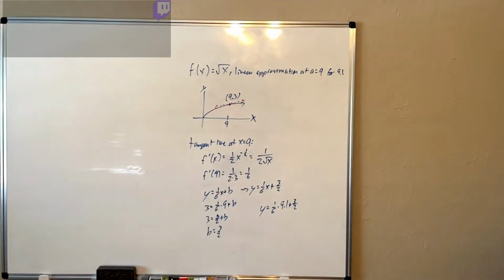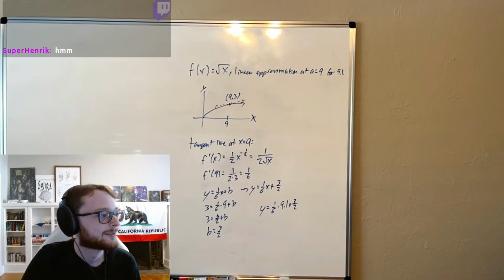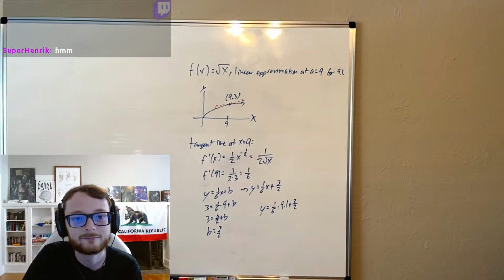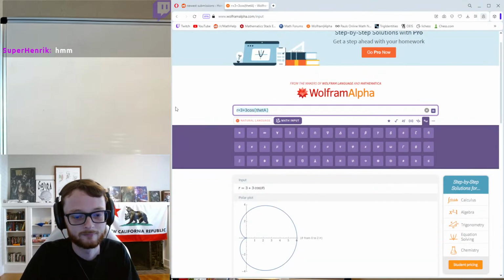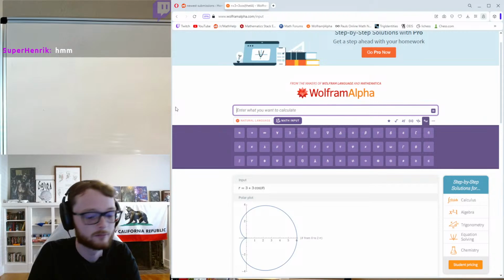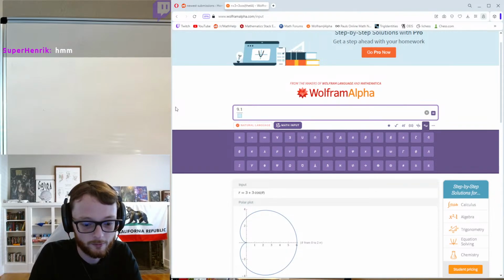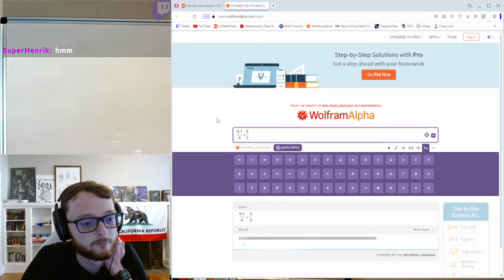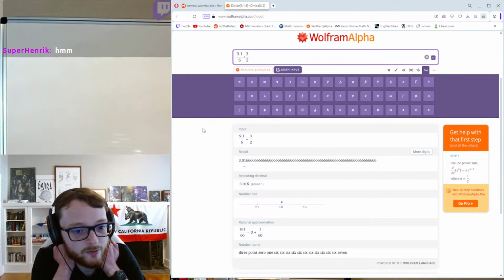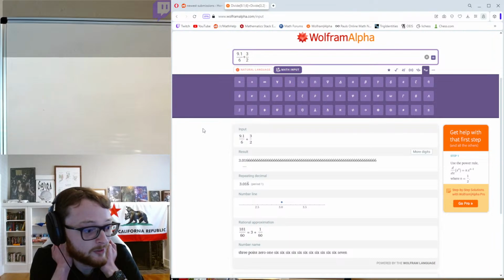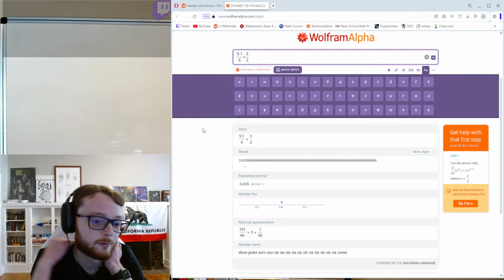So let's do that. 9.1 divided by 6 plus 3 over 2. So the approximation that we get is 3.017, I guess, depending on how you want to round it.